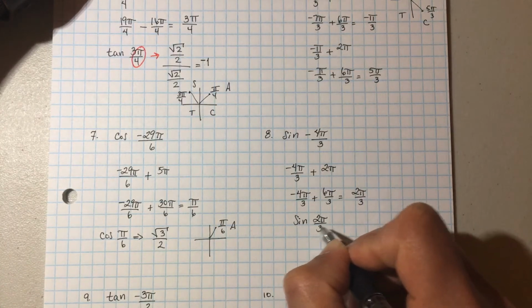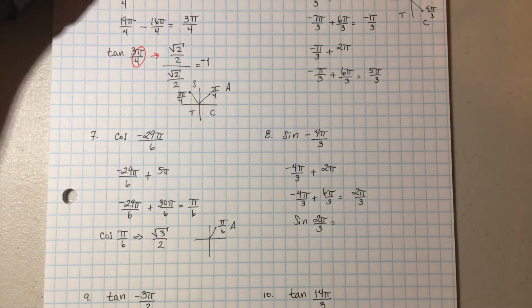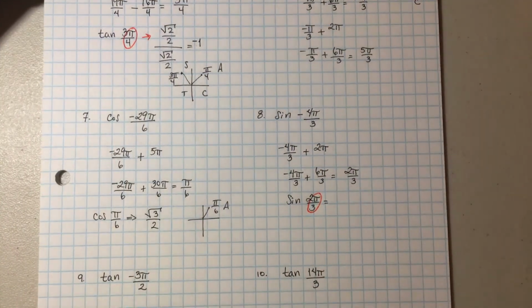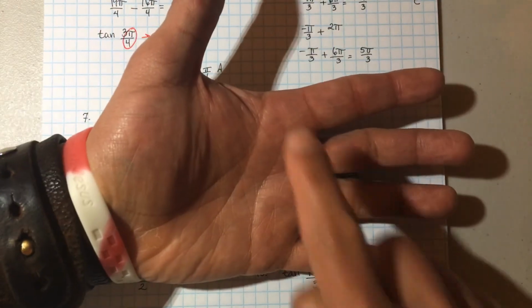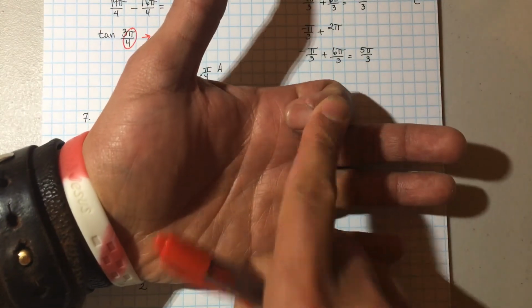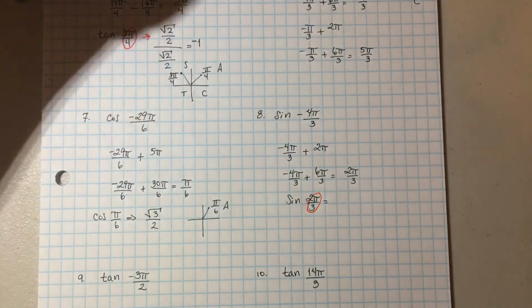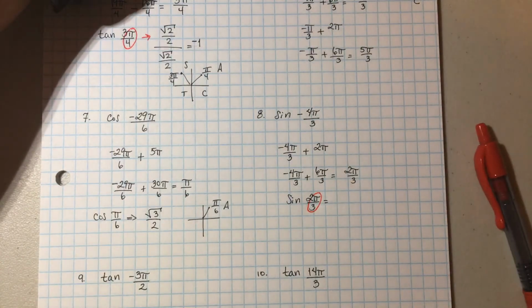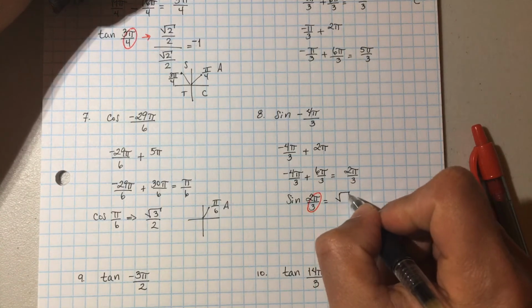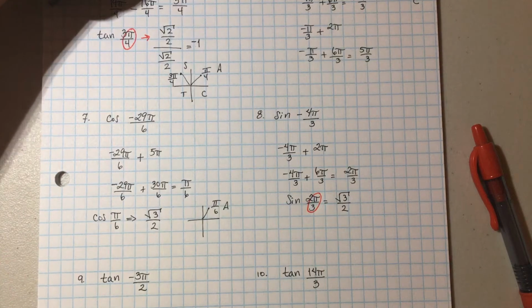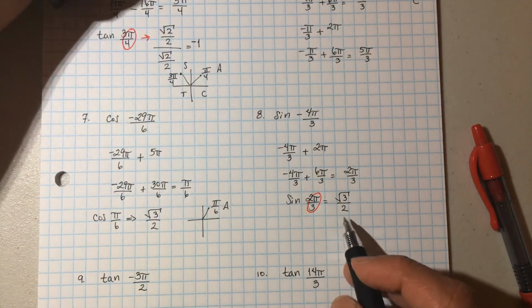Cool. What do I do now? Same thing. I'm going to look at my reference angle, pi over 3. Where's pi over 3? 60 degrees, right here. Fold that. Where is sine? Sine is in the bottom. 1, 2, 3. So square root of 3 over 2. I didn't do this on purpose, but I guess it keeps coming out the same, huh? And that's okay, but is it positive or negative?